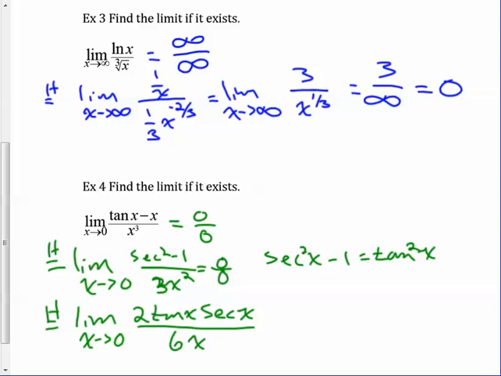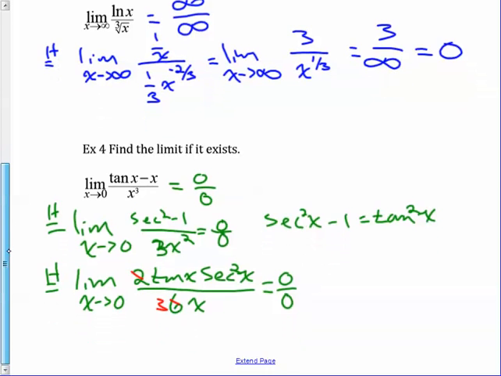Sorry, 2 tan x secant squared x, because the derivative of the outside would be 2 tan x, and the derivative of the inside would be secant squared x. My apologies. However, this is still 0 over 0, even when we cross the 2 and the 6 out and make it a 3. So we're going to do L'Hopital's rule one more time.